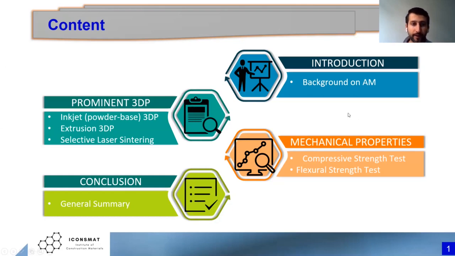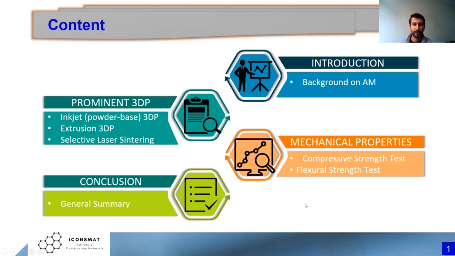Later on, I'll go to the most famous one, 3D printing, which is used nowadays in construction. And I'll discuss some mechanical properties, because overall it's too much to discuss. At the end, I'll give a summary of what we are talking about.